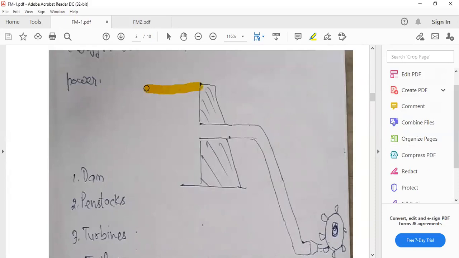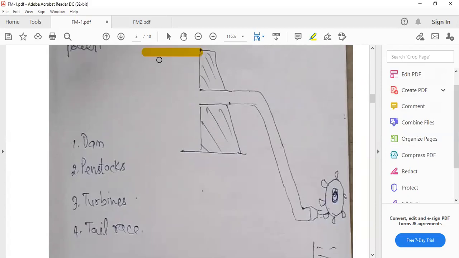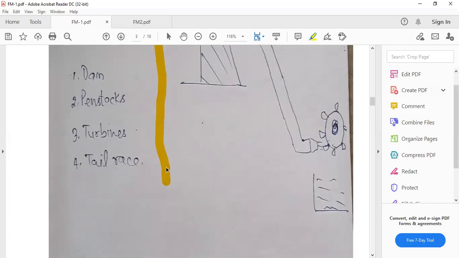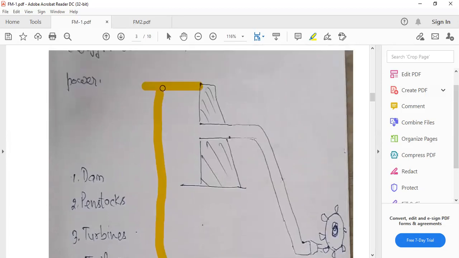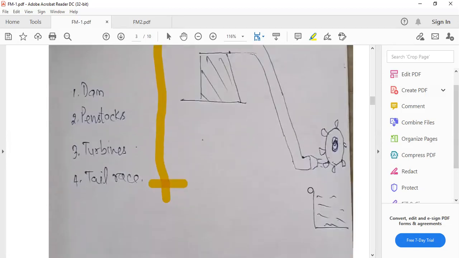So this is the head race, and this distance is the head. So this is the head race, and this one is the tail race.